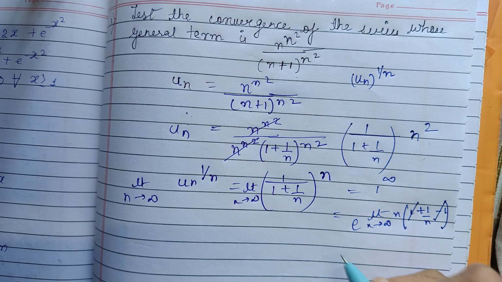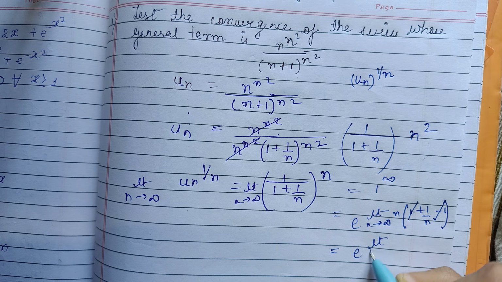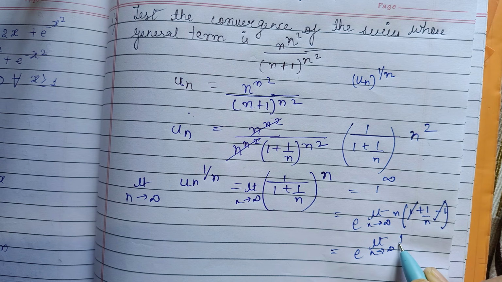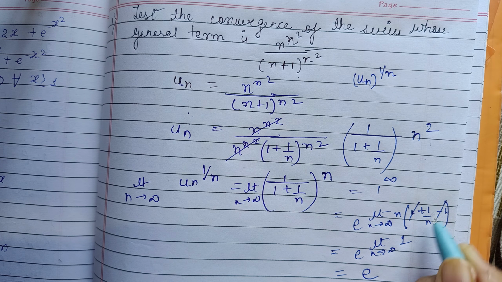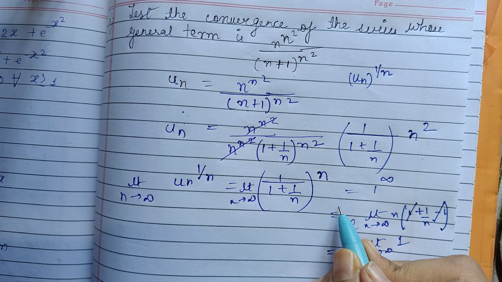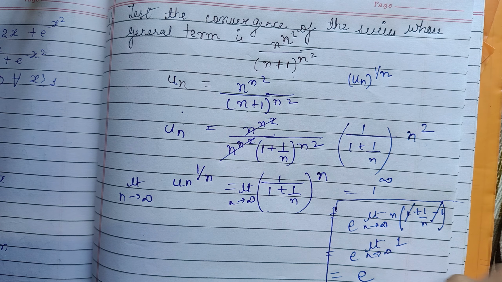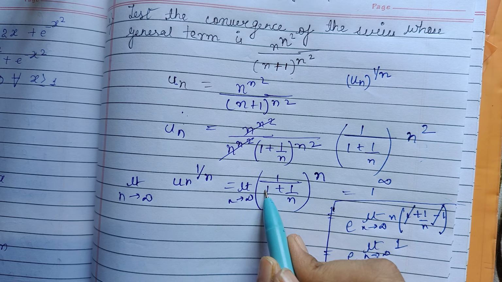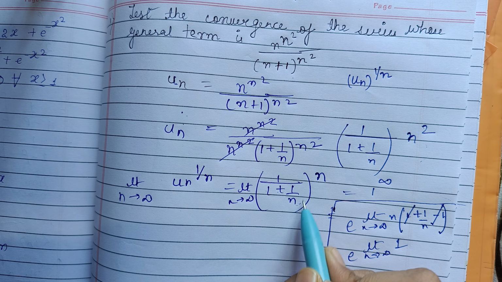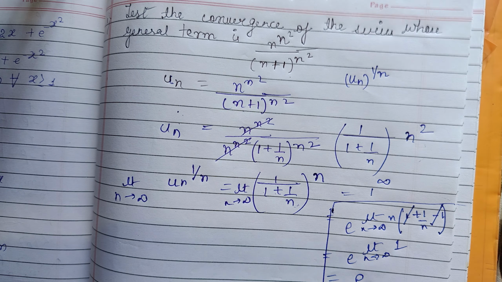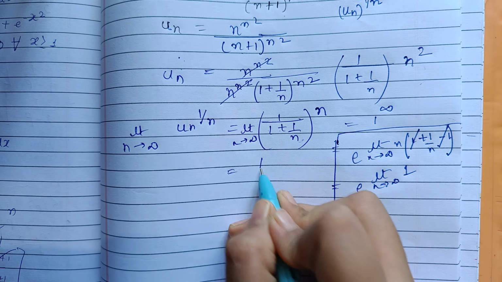Okay, and this is limit n tends to infinity, and n will get cancelled, so you will be left with 1, so it's actually e. Okay, this is your rough work. So this is actually for this term, 1 plus 1 upon n whole to the power n, as n tends to infinity. Yes, so the whole answer will be 1 upon e.